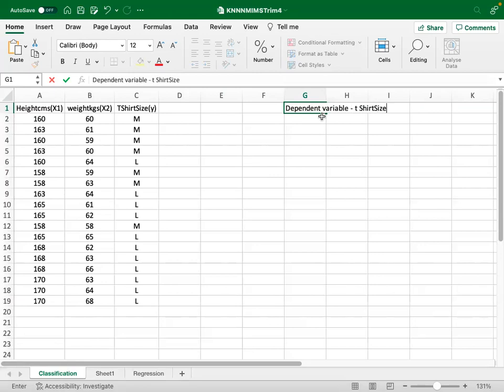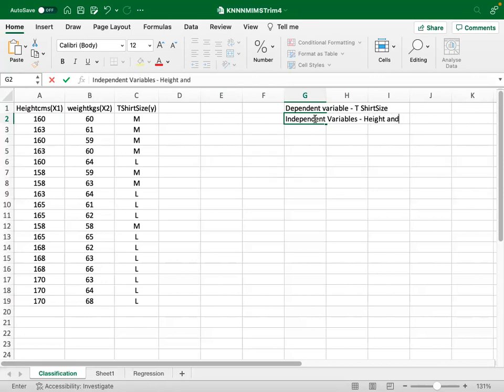We are predicting the t-shirt size using the two independent variables, height and weight.